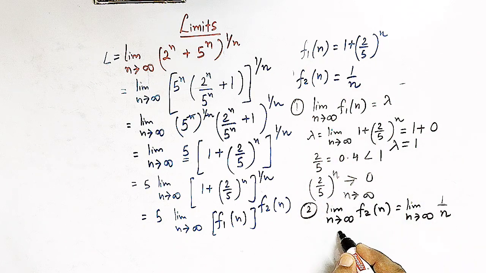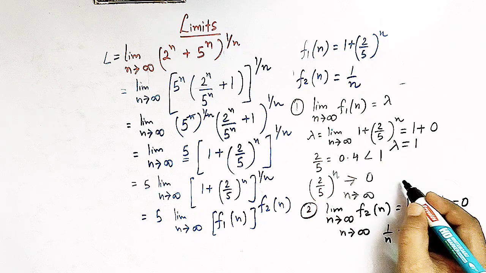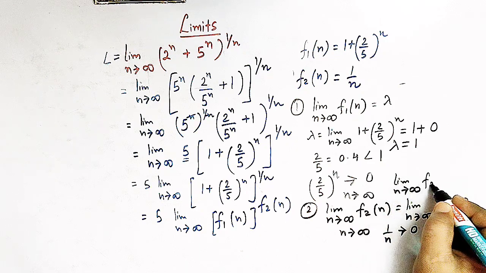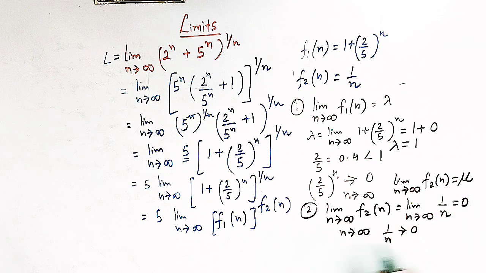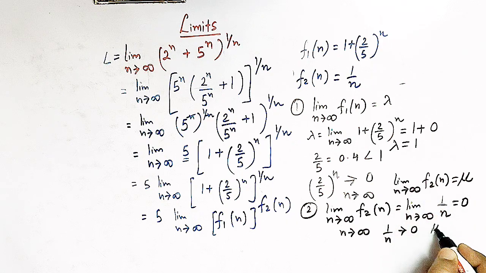Now see, as n becomes larger and larger, 1/n tends to 0. So here we have 0, right? Let us call this limit, limit n tends to infinity of f2(n), as mu. So mu is equal to 0.